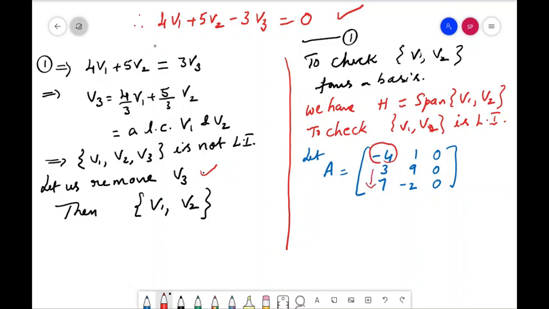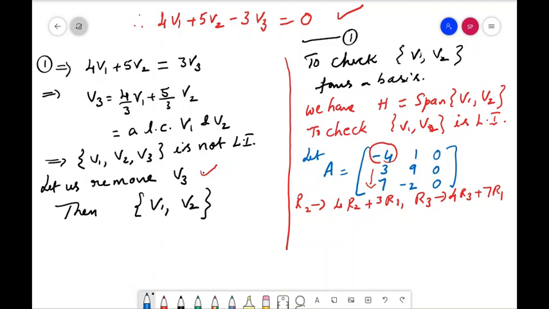So I'll use the operations for R2: 4 times R2 plus 3 times R1, and for R3, 4 times R3 plus 7 times R1.